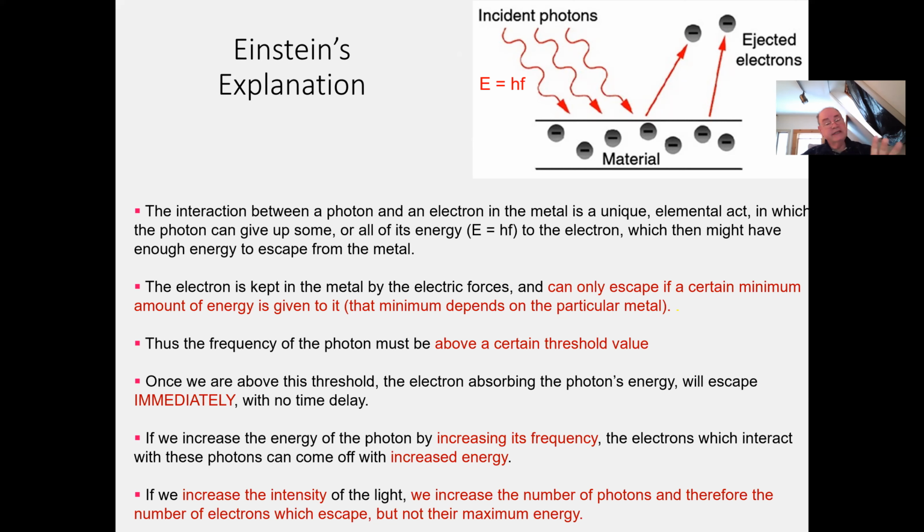If we increase the intensity of the light, we'll increase the number of photons and therefore the number of electrons that are escaping, but not their maximum energy, because we're not increasing the actual frequency of the light. We're just increasing the number of photons, not the energy per photon. This does explain, in words, everything that Leonard saw.